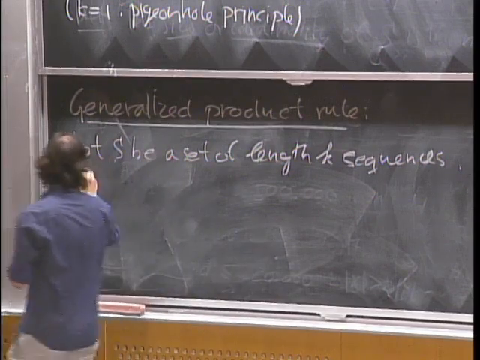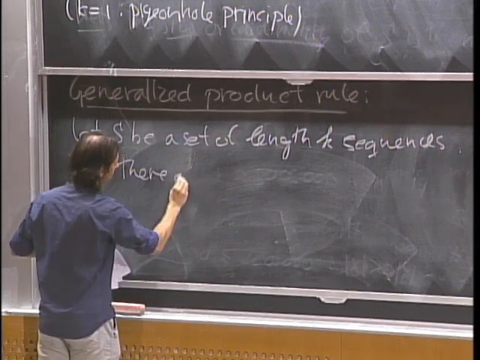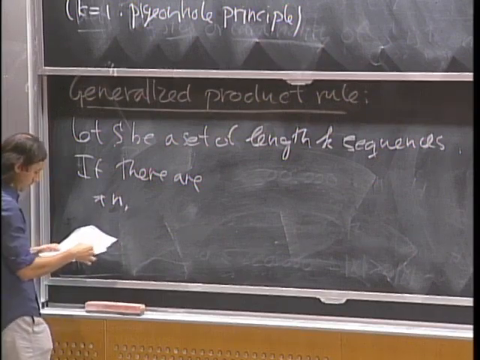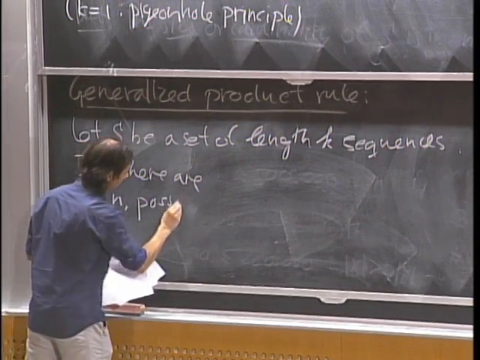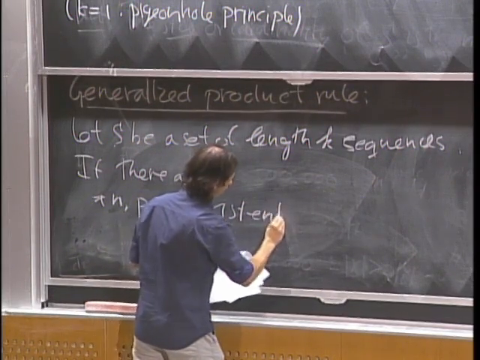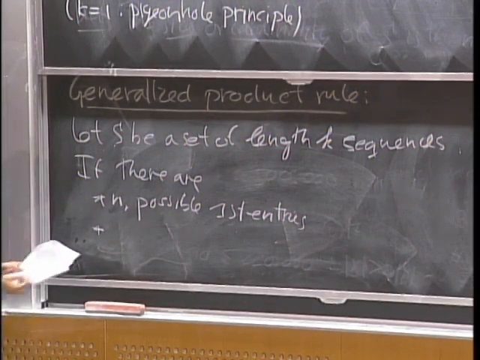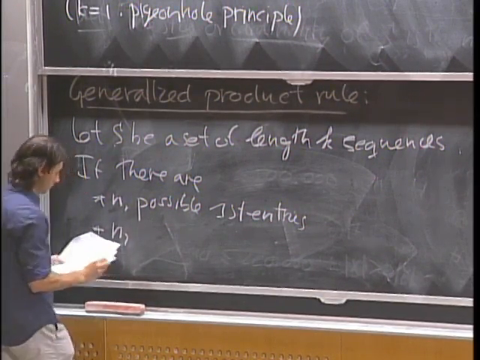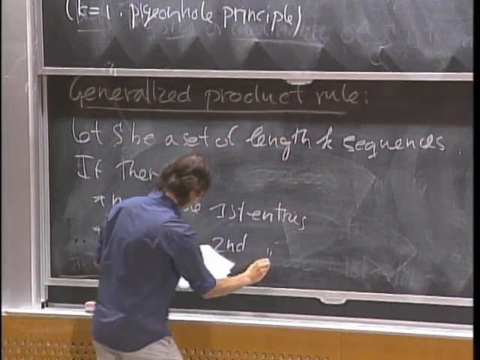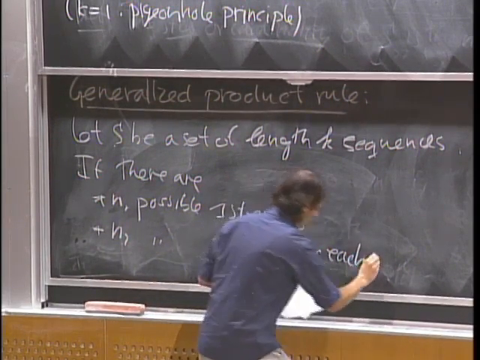Then I know that if there are n1 possible first entries, and if I know that once I've selected my first entry, there are n2 possible second entries, so there are n2 possible second entries for each first entry.